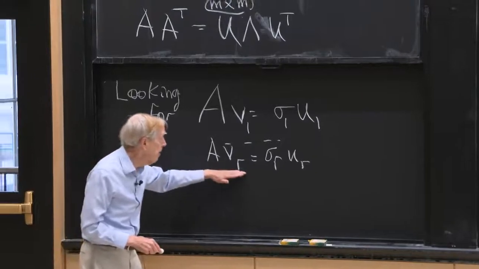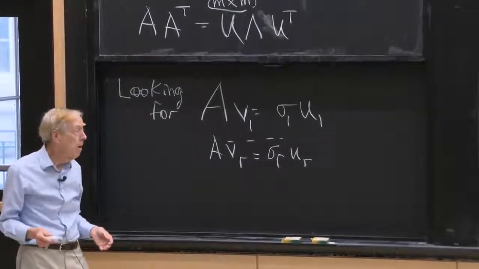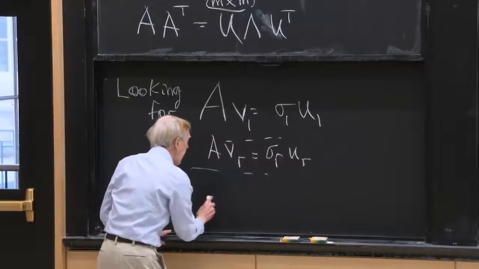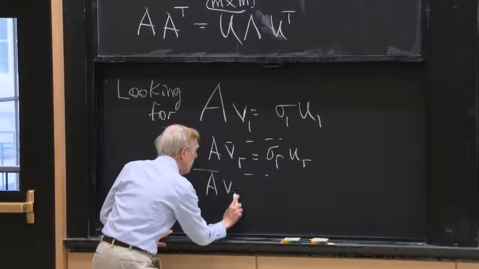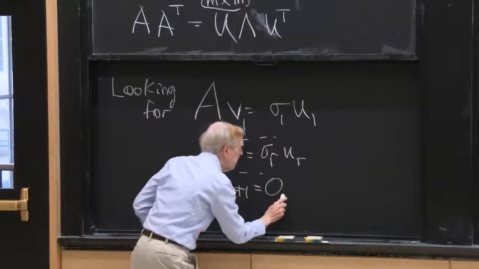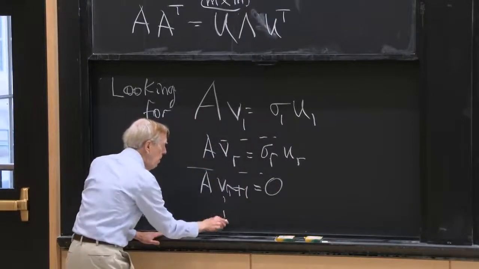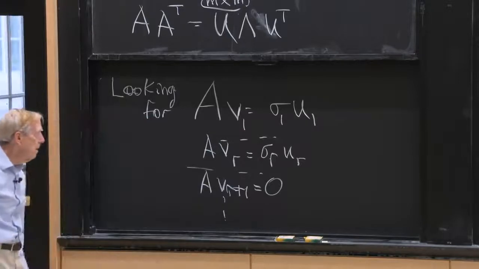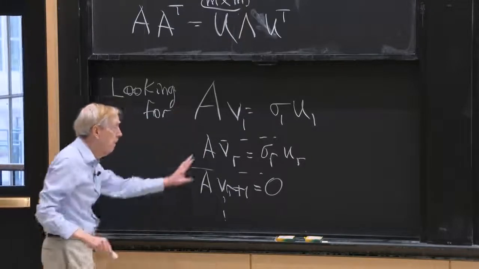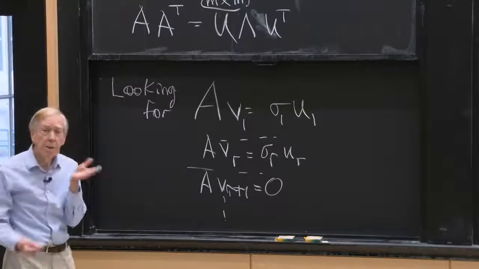And why did I stop at R, the rank? Because after that, the sigmas are 0. So after that, I could have some more guys, but they'll be in the null space, on down to Vn. So these are the important ones. So that's what I'm looking for.